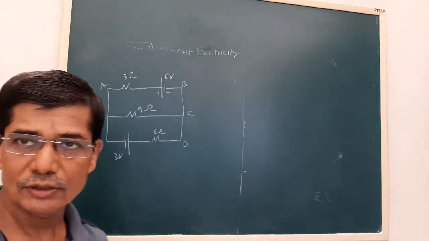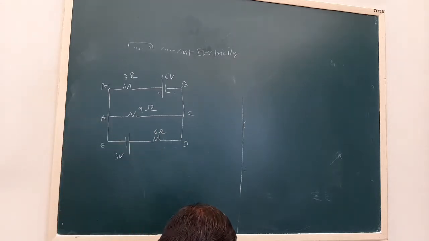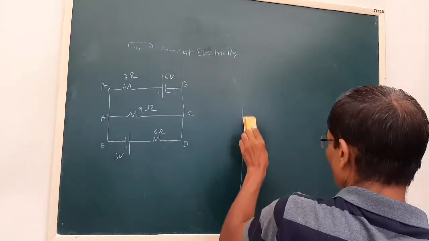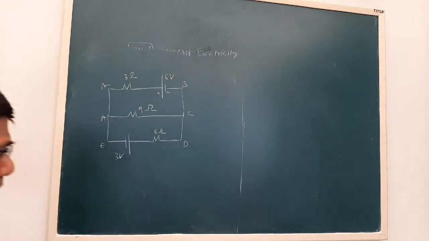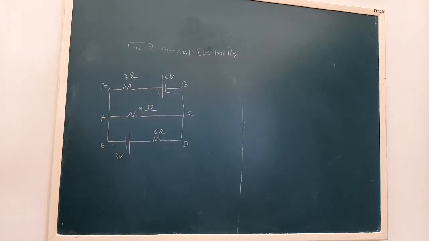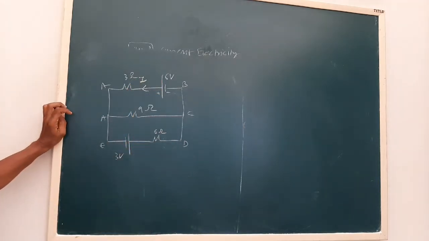We have to find out the total current in the cell. Now, what we see here, there are more than one cell. Whenever there are more than one cell or battery, the current will start from the battery with the largest EMF. There are two cells, 6 volt and 3 volt. The largest EMF is 6 volt, so the current will start from the positive of the largest cell.